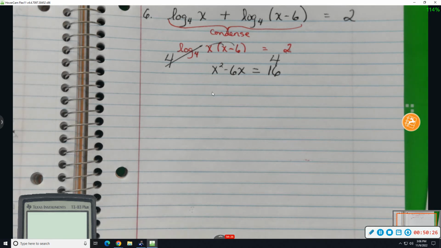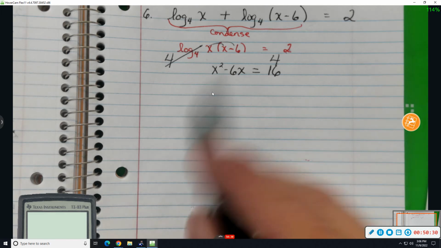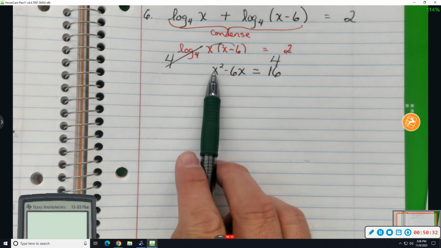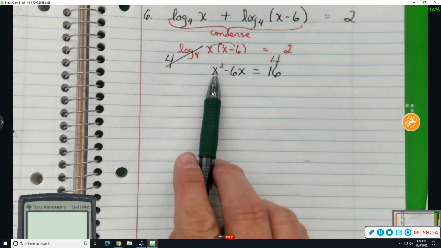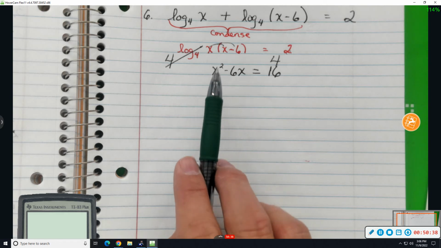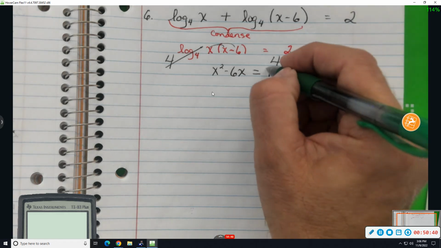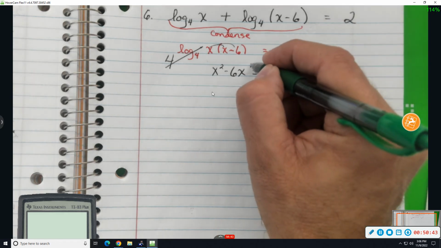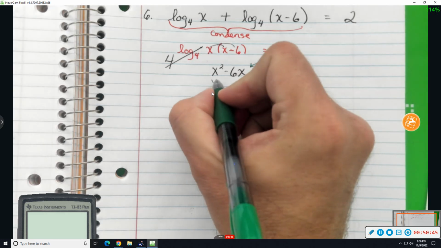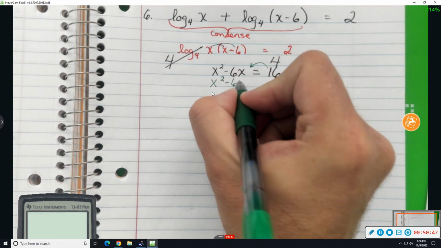And then we're at something we haven't solved for a while during class. We have a quadratic equation. That was some of that very first stuff we did. To solve a quadratic equation, you need a 0 on one side, and then either factor or use the quadratic formula.